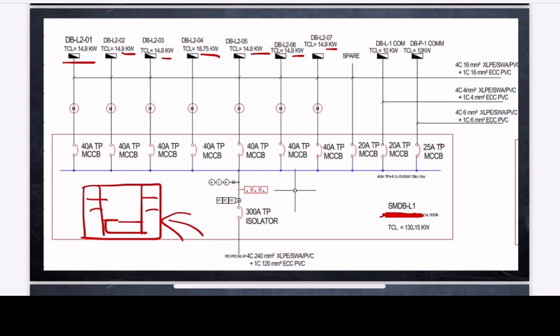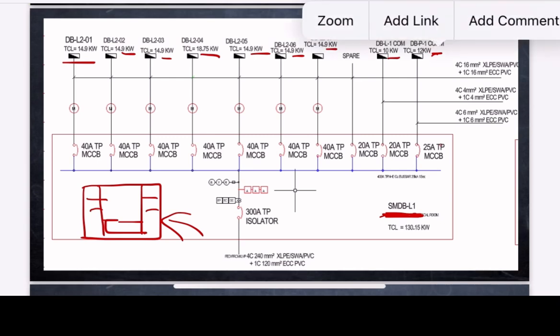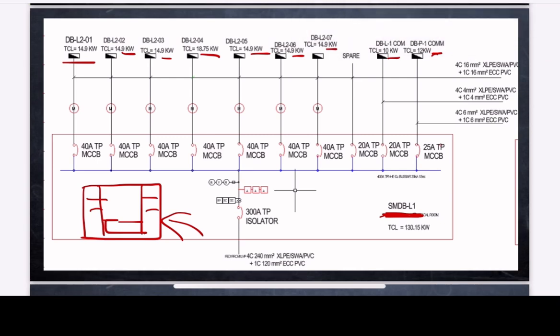Apart from that, we calculated the common area light and power and made a load schedule for the light DB and power DB. There is a little change from that design load for SMDB L1 common and DB P1 common: here I took a load of 10 kilowatt and a total connected load of 12 kilowatt. So this SMDB we already designed.